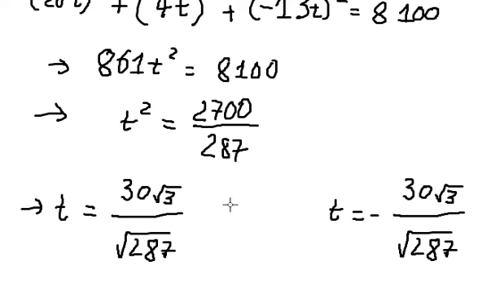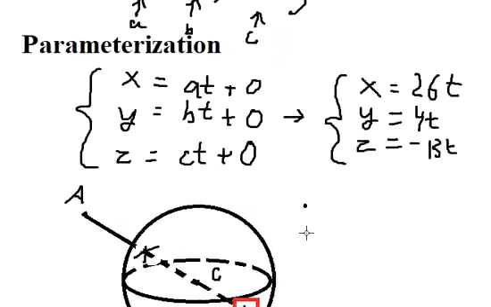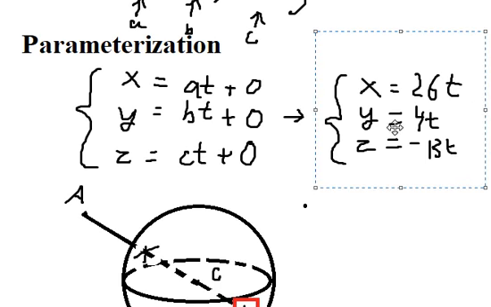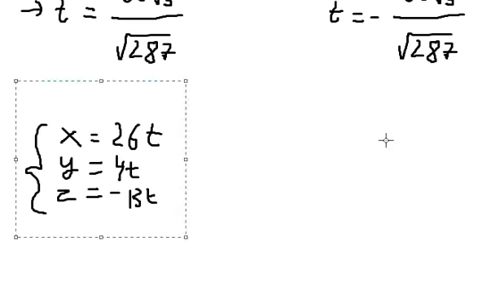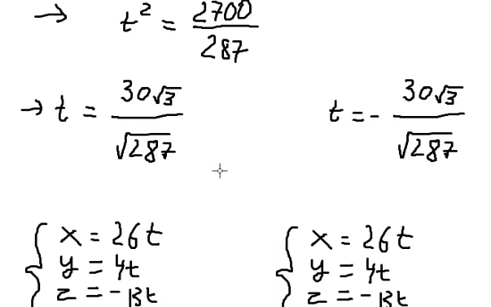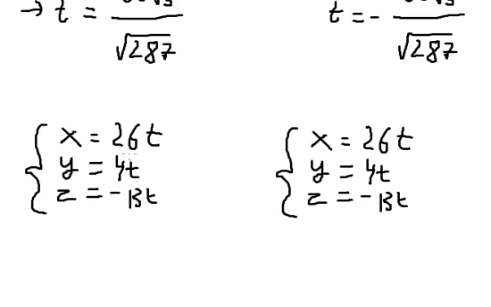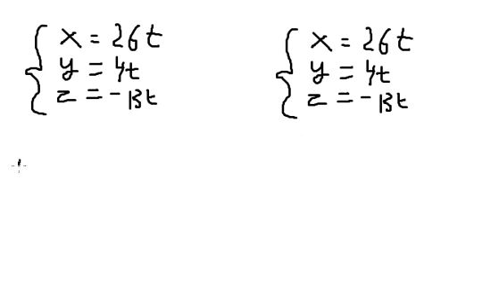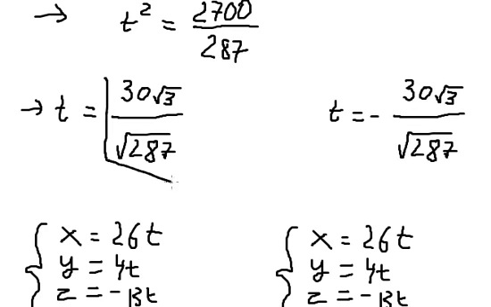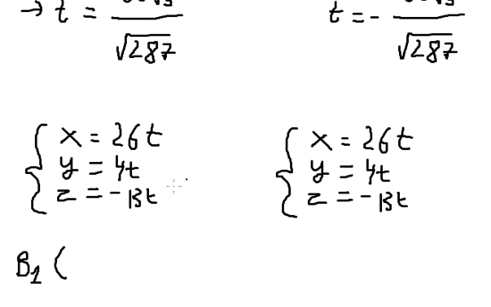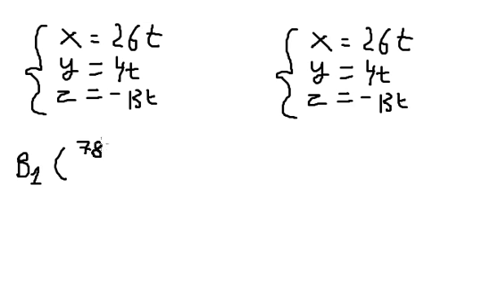Now in this situation we have two values of t, and we put them back in here. So we have point B number 1. I will put t in here, and we have 780 times the square root of 3 over the square root of 287.